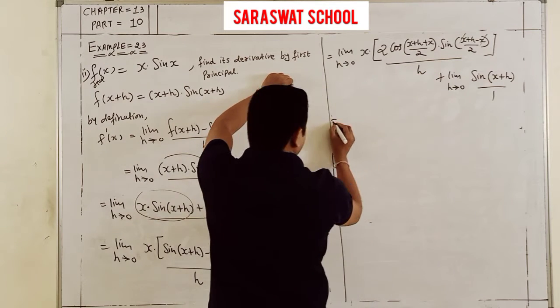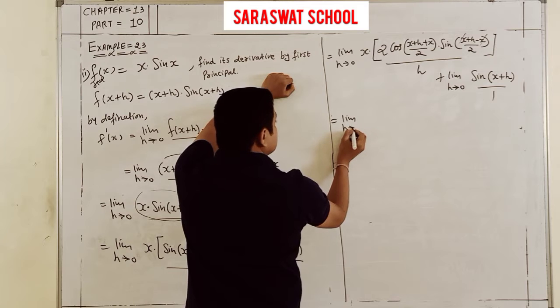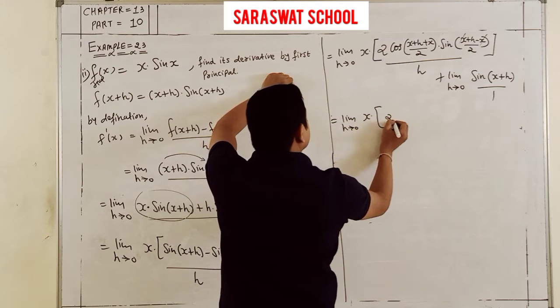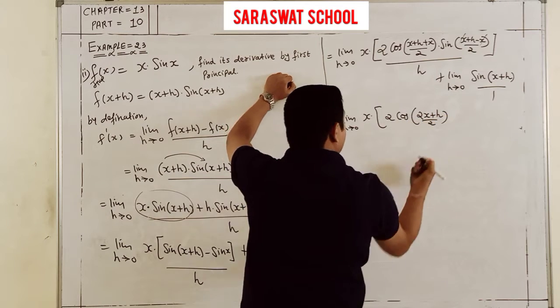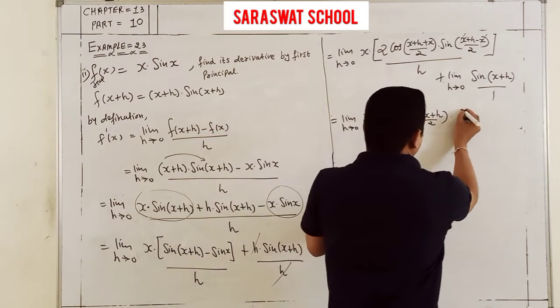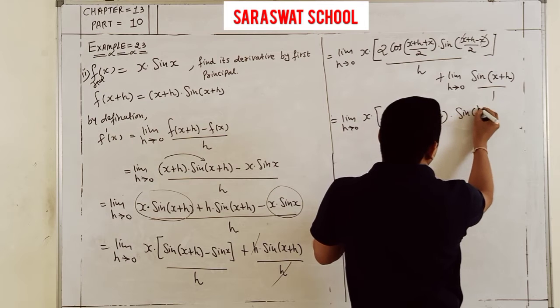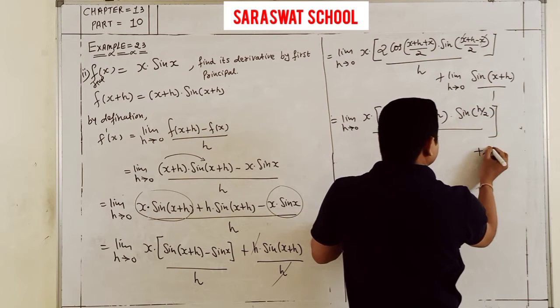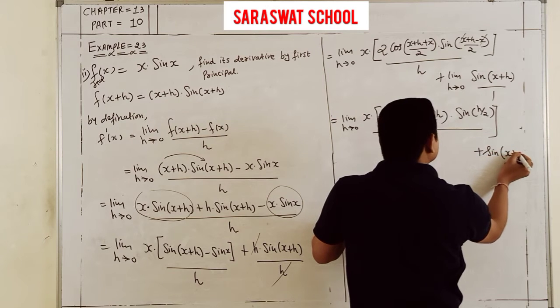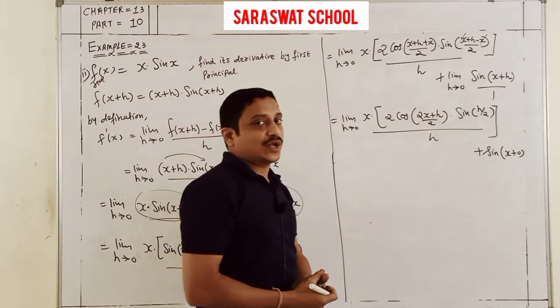By mistake I forgot that. Limit h tends to 0, 2 cos (2x plus h) by 2, and remaining sin(h by 2) upon h, plus here apply sin x plus 0 by the working rule.